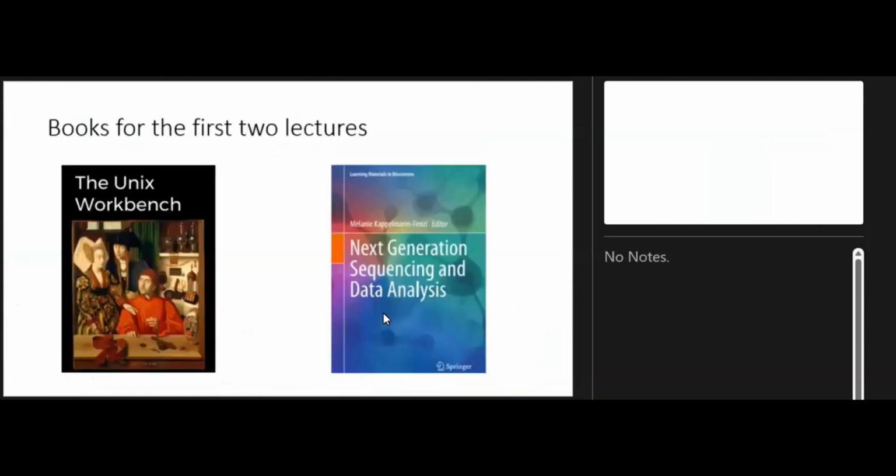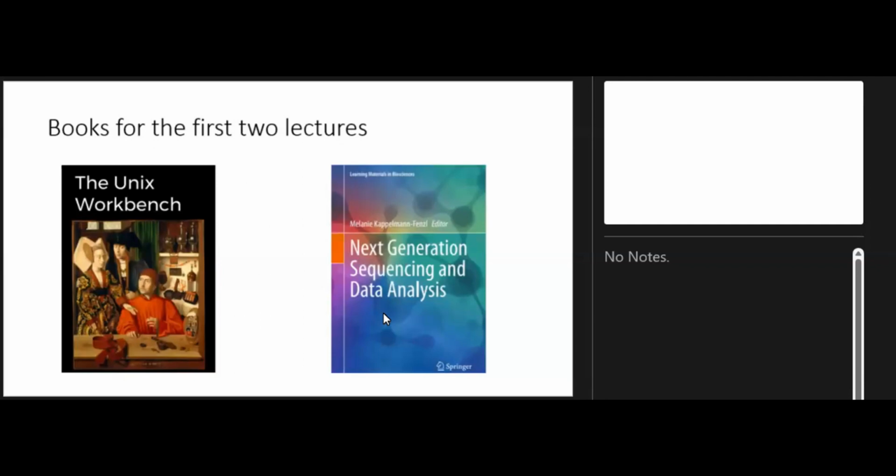We will discuss some command line options, and books recommended for this course, as this course is compulsory for some of the students. I will suggest Next Generation Sequencing and DNA data analysis, and I will share that book for the first lecture, and for the second one, the Unix Workbench.